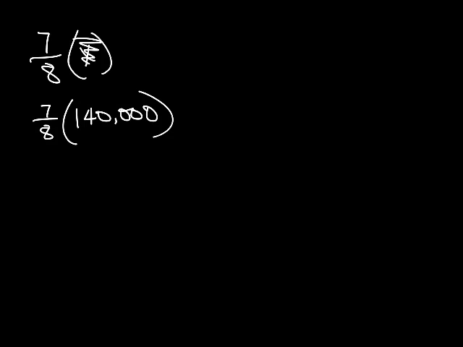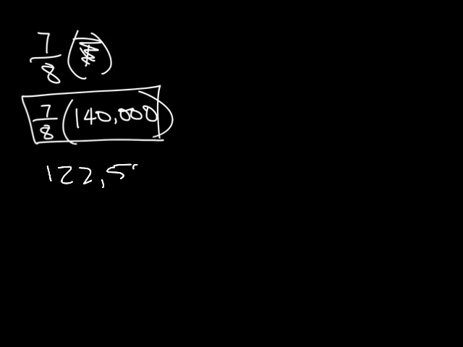How many did not ride horses? Well, 7/8 did ride horses, so if we multiply 7/8 times 140,000, we would get 122,500 that rode horses. They're interested in how many did not ride horses.